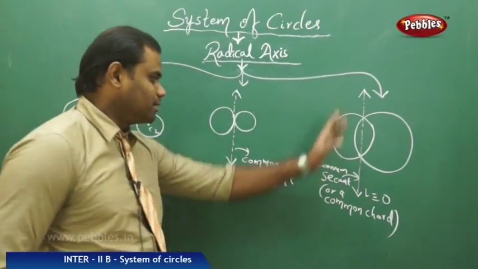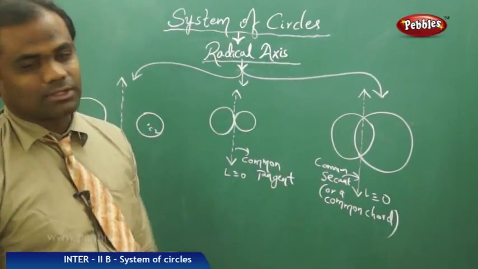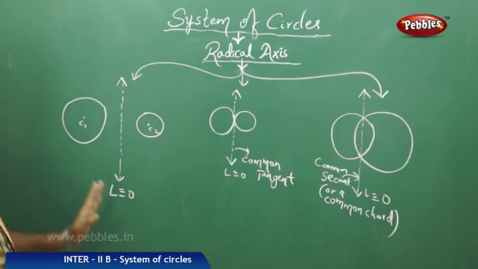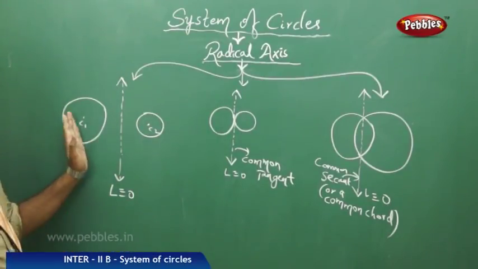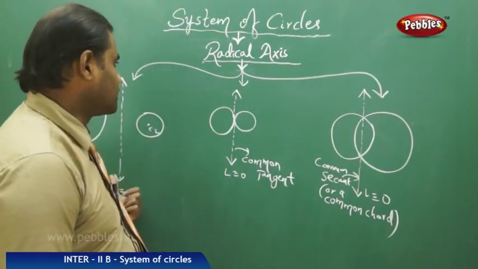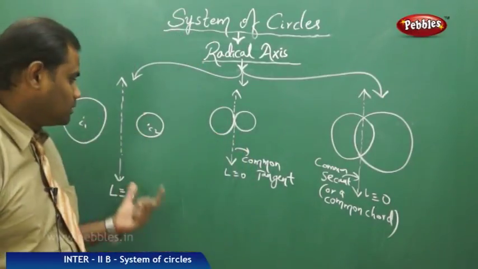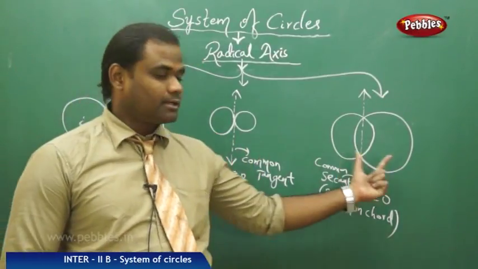So in this case the radical axis is along the common chord. In this case the radical axis is the common tangent. In this case the radical axis is a line exactly in between the two circles. That's how we understand the radical axis for the three types of cases: disjoint, touching, and intersecting.